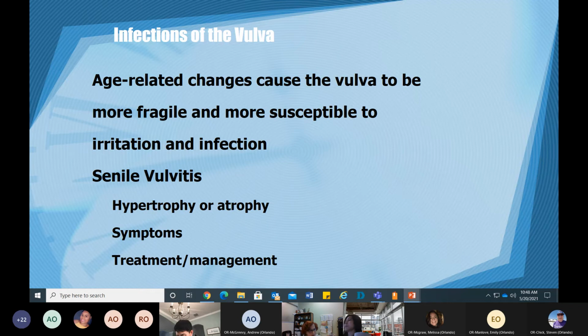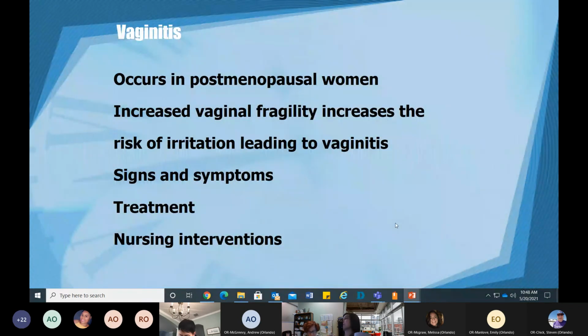What about vaginitis? Another condition for the female. Remember, because the vaginal canal shortens, there's a reduction in collagen inside and adipose tissue. The elasticity of the vaginal canal is much less.